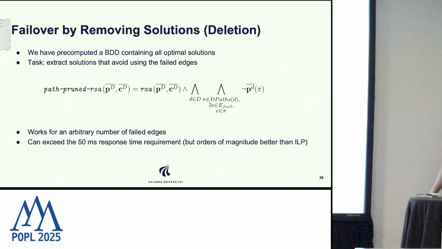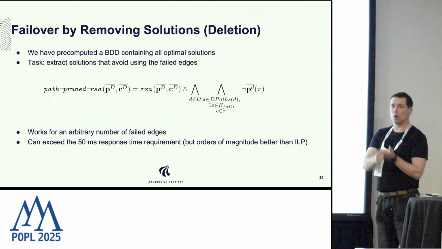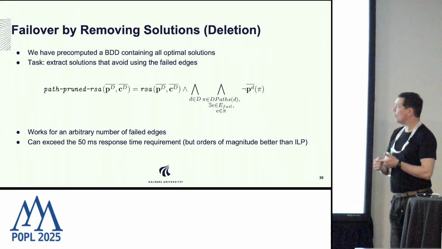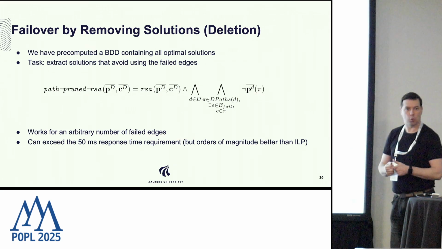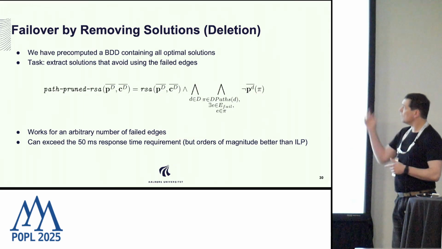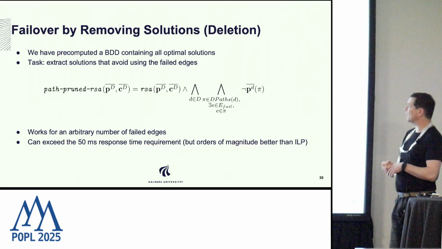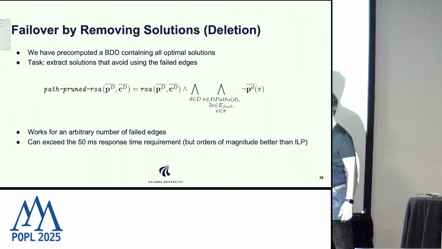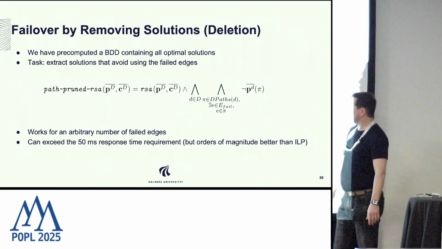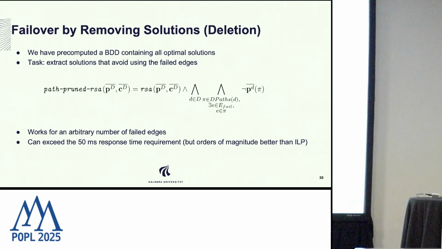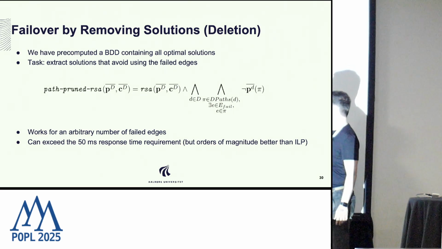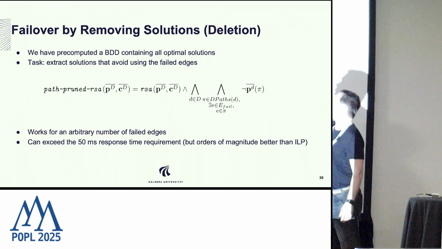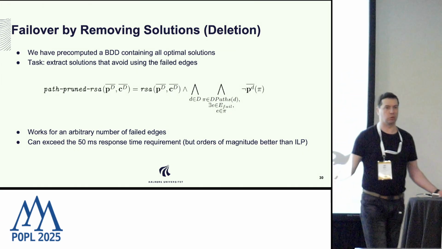Good. So now we know how to construct the BDDs with all solutions. We know how to speed it up. So how do we apply it to our failover protection? The first obvious method is called deletion. Suddenly somebody gives me the set of failing edges. So what I do, I just take my precomputed BDD and I intersect it with a formula postulating that none of the demands can use a path that contains the failing edge.